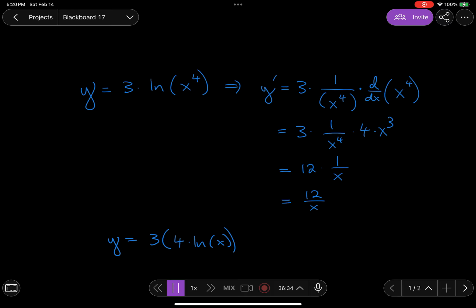No calculus involved, purely algebra and properties of the natural log. But that does make this derivative much easier, because what I have is simply 12 times the derivative of natural log. And we just proved that the derivative of the natural log is 1 over x, giving me a final answer of 12 over x. All right, super powerful.